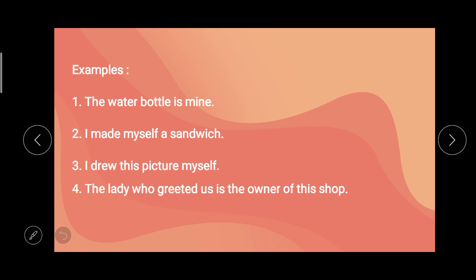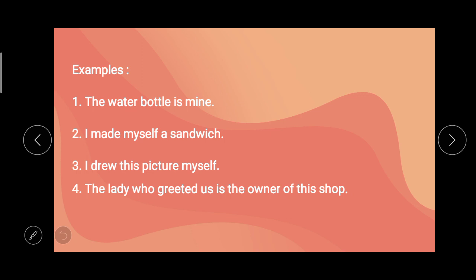Number 1, the water bottle is mine. Number 2, I made myself a sandwich. Number 3, I drew this picture myself. And number 4, the lady who greeted us is the owner of this shop.